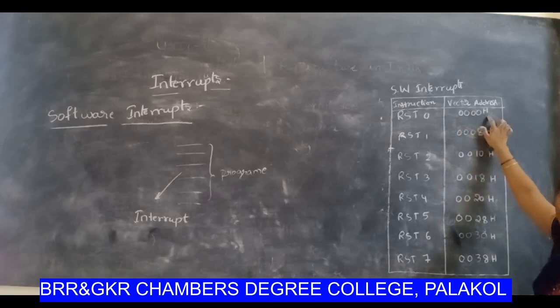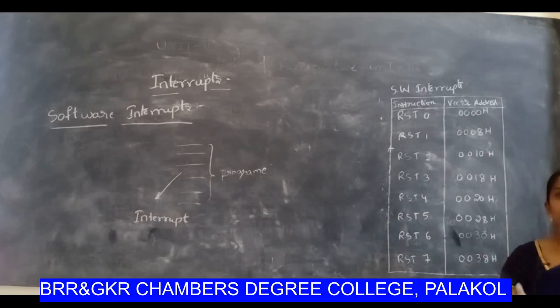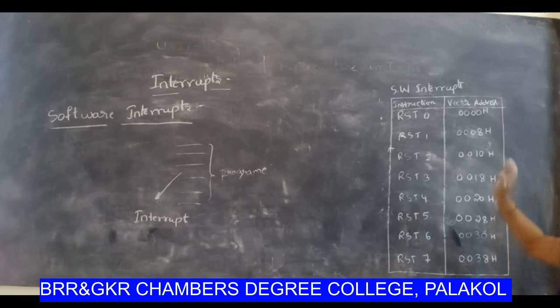Here H means hexadecimal values, because a microprocessor can understand only low level language, that means only hexadecimal values.